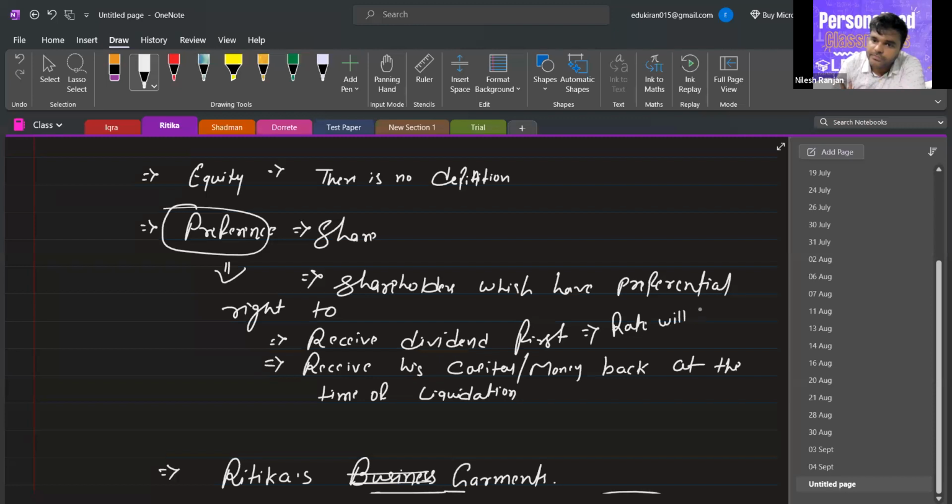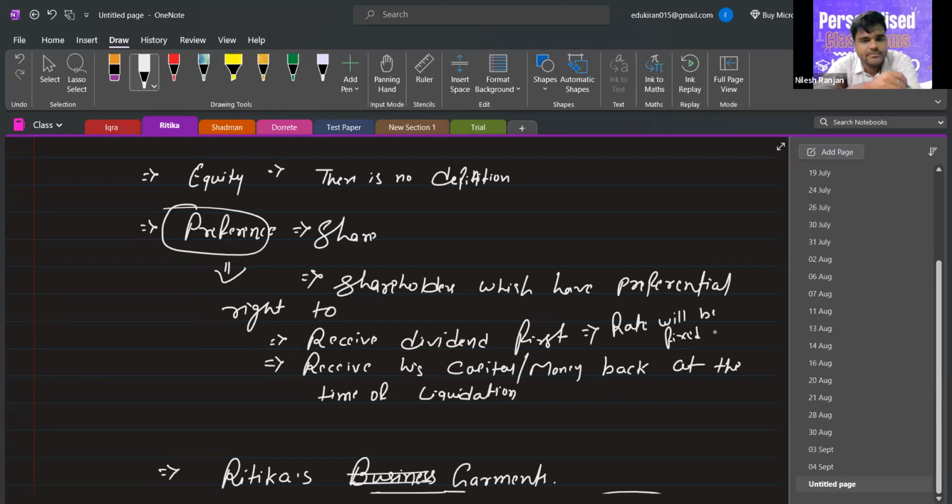Yes or no? Yes, sir. So it means preference share is not an actual owner, because he is receiving his money before equity share, and he is receiving his money in fixed percentage. So both of these conditions indicate that preference share is not an actual owner, equity share is.